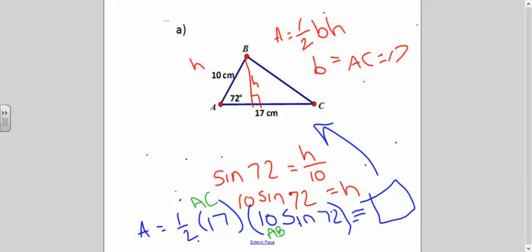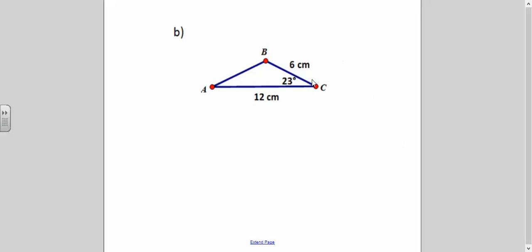All right. So let's try one more, and now our angle is on another part of the triangle, but it's still going to work. We start by dropping our perpendicular, or our altitude. This will be our h, which we do not know.